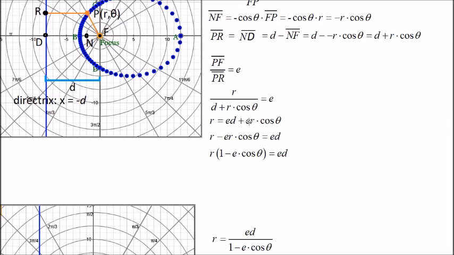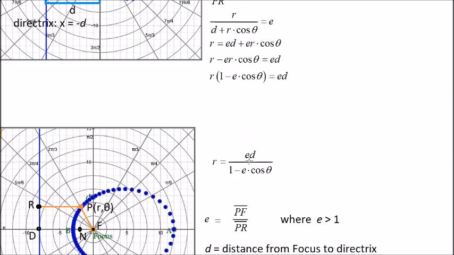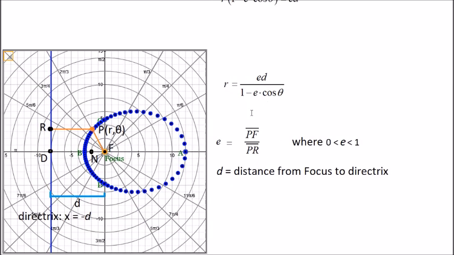Move this term to the left side. Factor out the common factor R. Divide both sides by 1 minus E cosine of theta. And we have the equation R equal to ED divided by 1 minus E cosine of theta.